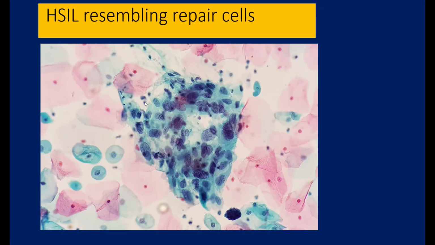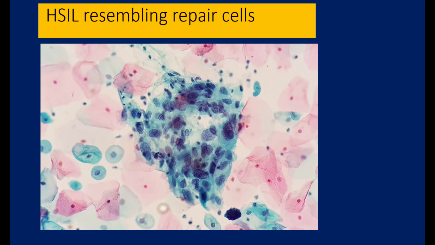I've got another one with more cytoplasm but a much more pleomorphic cell, and you can see here the polarity is completely deranged. So this again is something which I'm going to call an H cell resembling repair cells. Now there are other examples that I'm going to show of what is exactly a typical repair and what is an atypical repair.